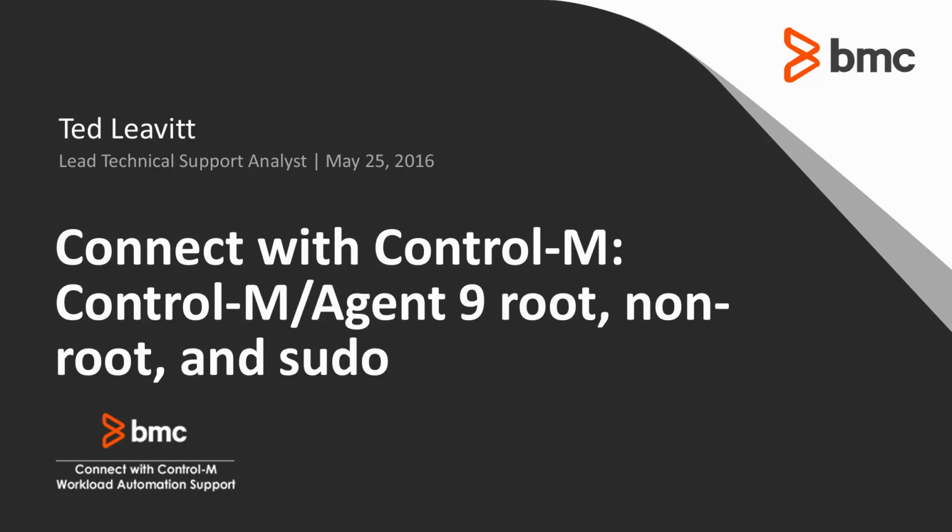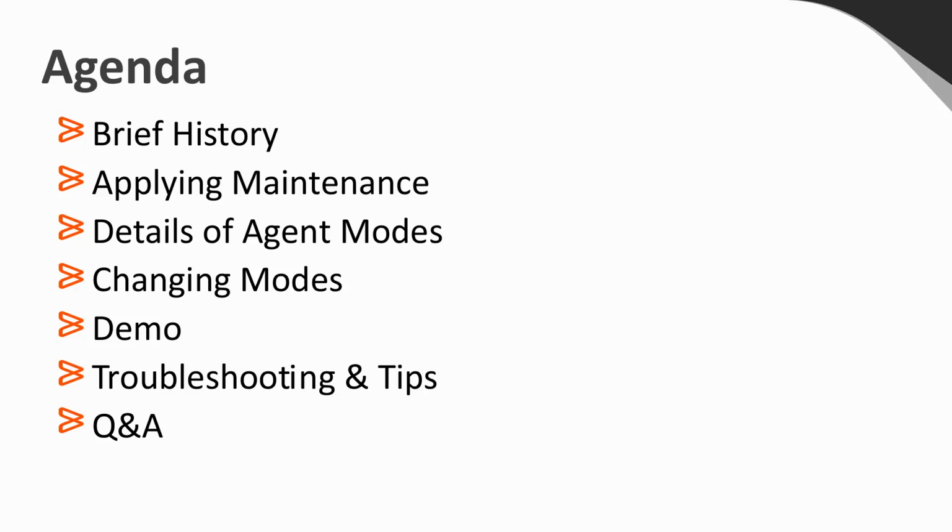I'm going to scoot over to our agenda, and some of the items I'm going to be talking about this morning. We're going to cover a brief history of the execution modes for the Control-M agents. We're going to be talking about applying maintenance or fix packs to the Control-M agent and how the mode relates to that. We're going to talk about the details of the different execution modes, and how we can change between the different modes.